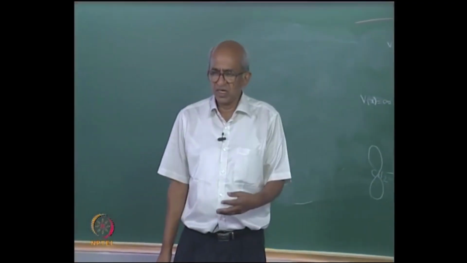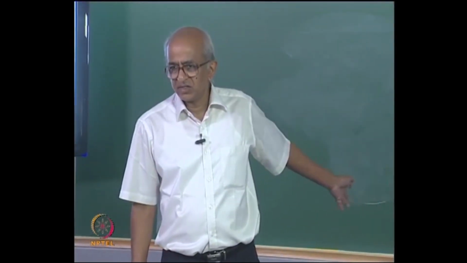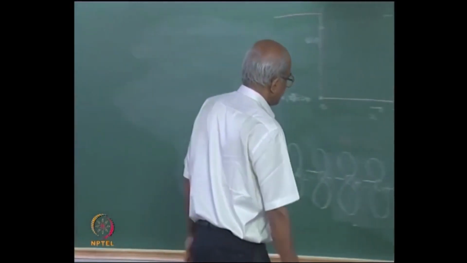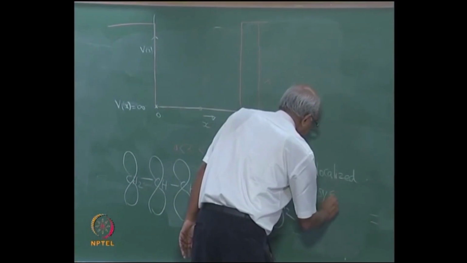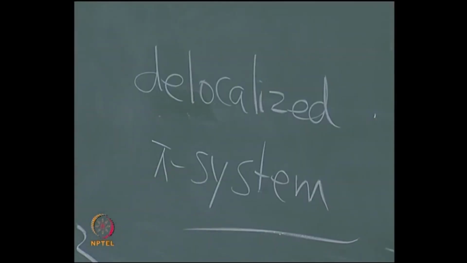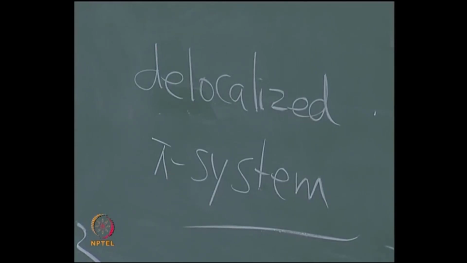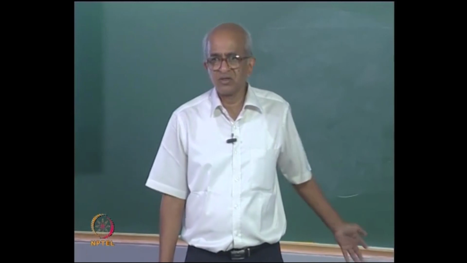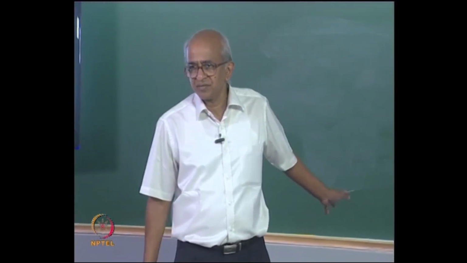And each carbon actually contributes 1 electron to this delocalized system, which is referred to as the pi system of the molecule. So, in this case, because there are 6 carbons, each contributes 1 electron. So, we say that the pi system contains 6 electrons.